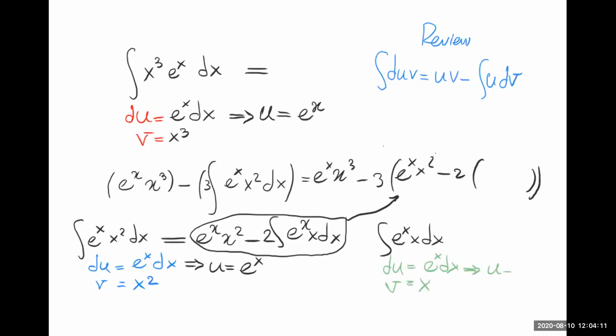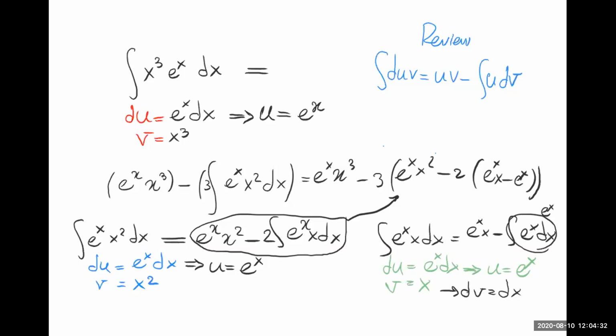Well, if du is that, u itself is e to the x, so integration by parts tells me it is equal to e to the x x minus the integral of u dv. But here dv is just dx. And the integral of e to the x dx is just e to the x. So I would get e to the x x minus e to the x. So that's the final thing I would get.